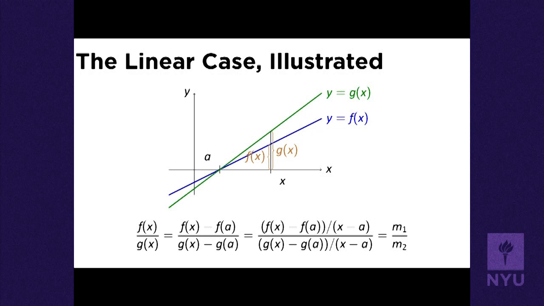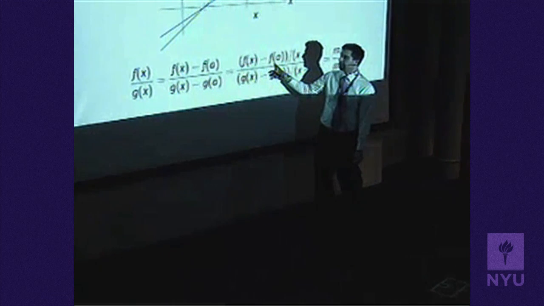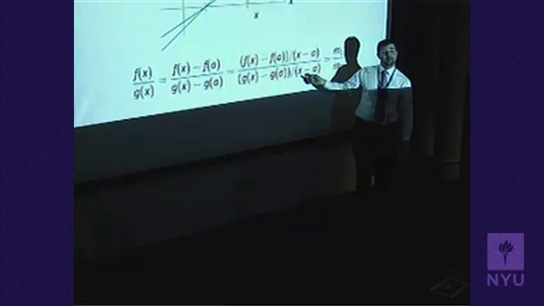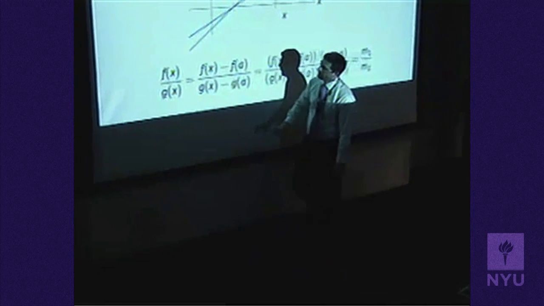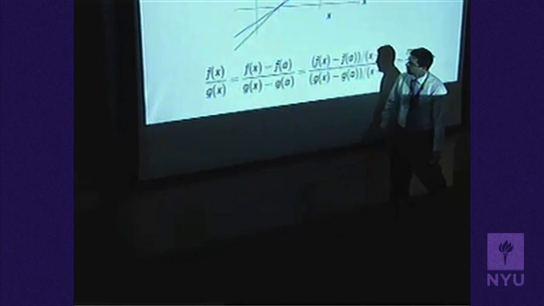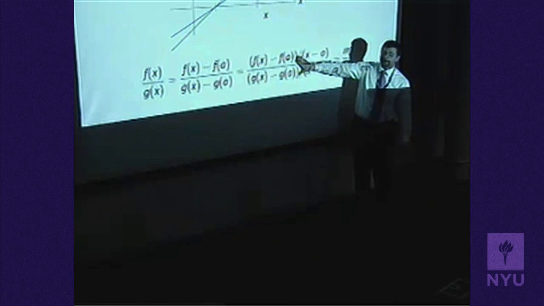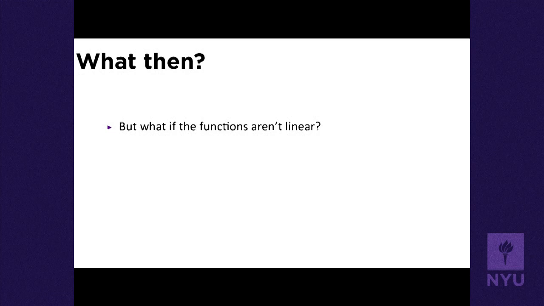Okay, now writing it in this way as f of x minus f of a, which happens to be 0, divided by x minus a, and then dividing the denominator by the same x minus a, is getting you to think about the relationship between the ratio of the functions and the ratio of their average rates of change. Okay, that's another clue.